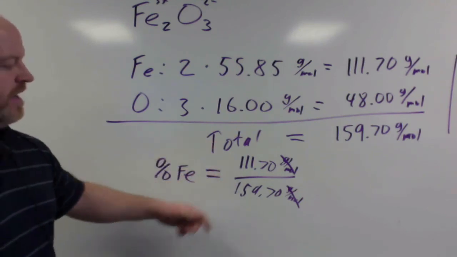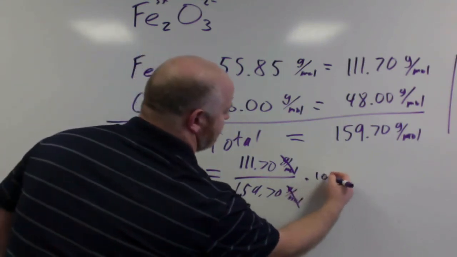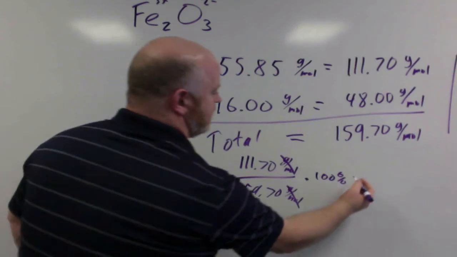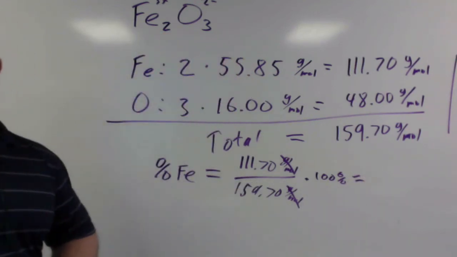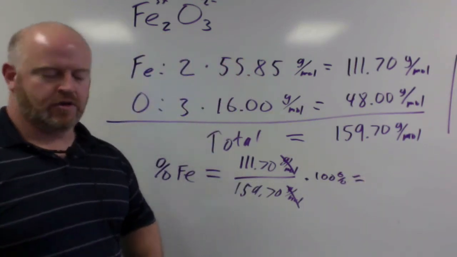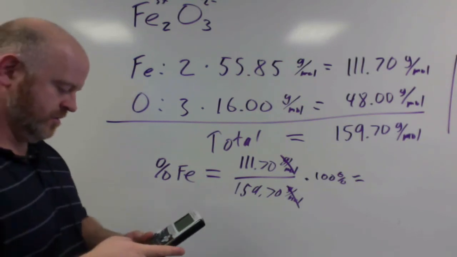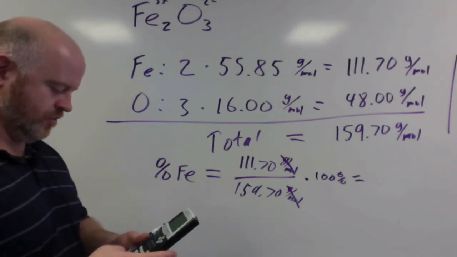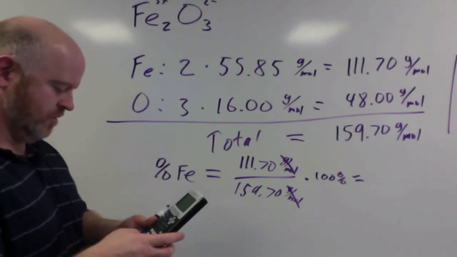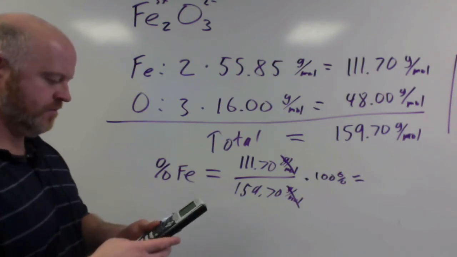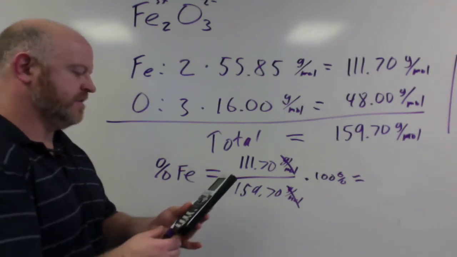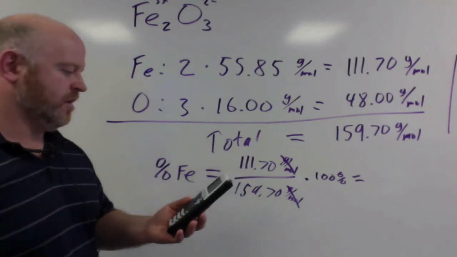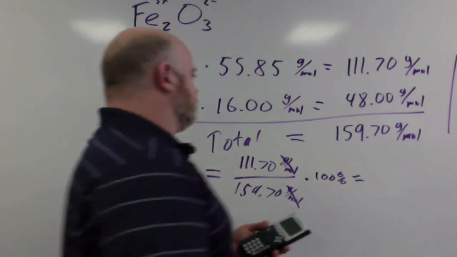Take this divided by that, take the whole thing times 100 to get a percentage, and we should get to our answer. Okay? So if we do that, 111.7 divided by 159.7, I get 69.94 something something something percent.